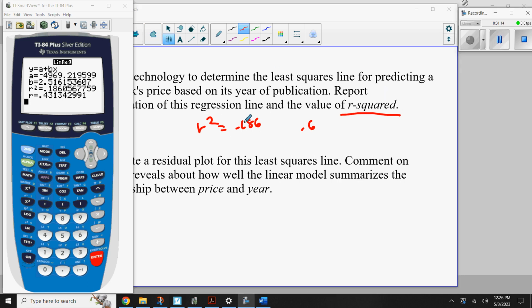But I would like to see the residual plot for this. So I'm going to go second, stat plot. I'm going to hit enter. And instead of L2 as my X value, I'm going to use L3, which was the year of publication. And I'll go zoom 9. Again, I want to get rid of the line here.